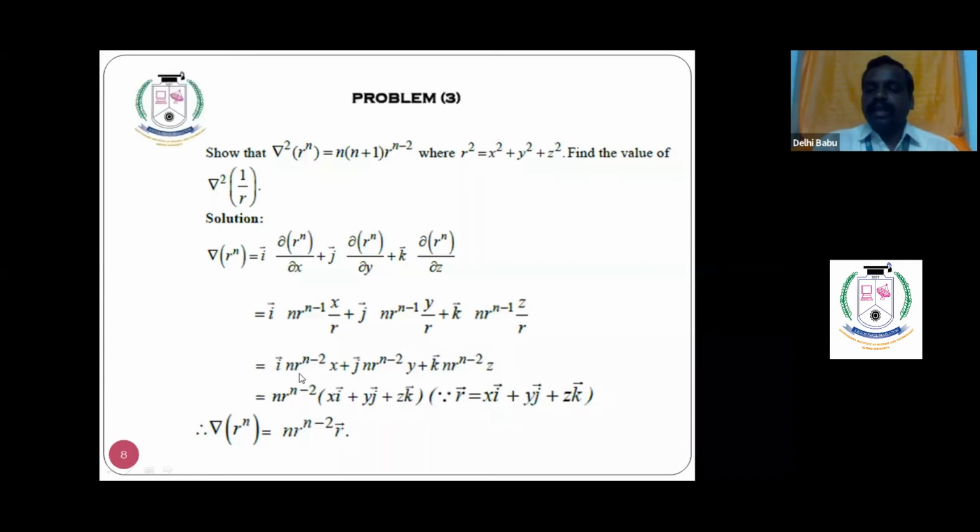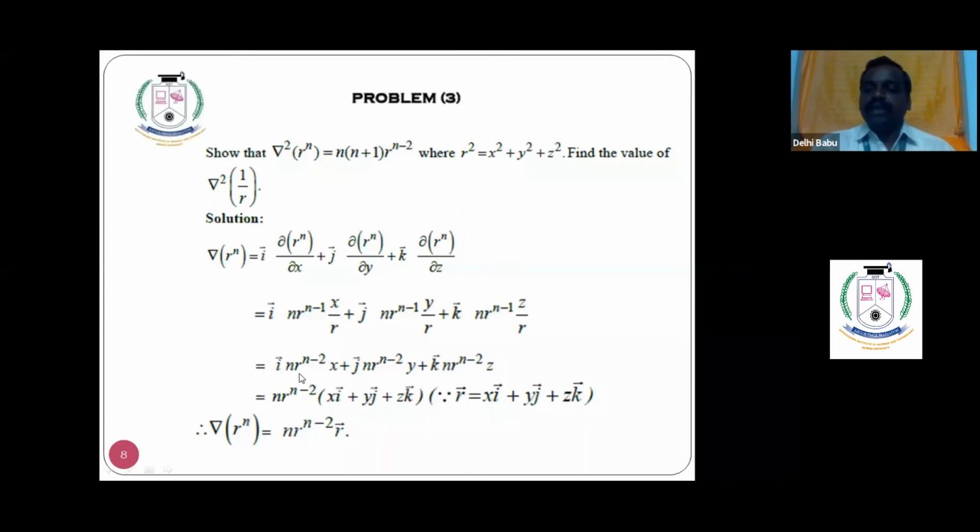So what is common in all these three? n r^(n-2) is common. So take n r^(n-2) as common. We get xi plus yj plus zk. What is xi plus yj plus zk? Which is nothing but your position vector r vector.